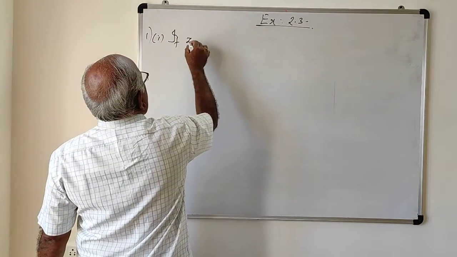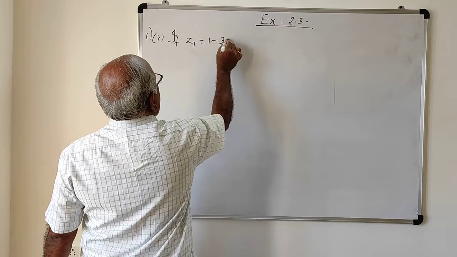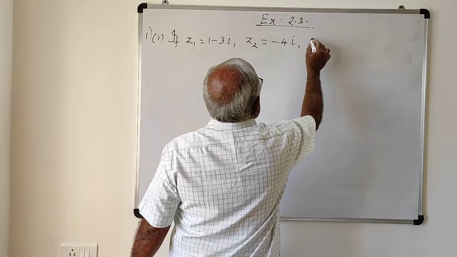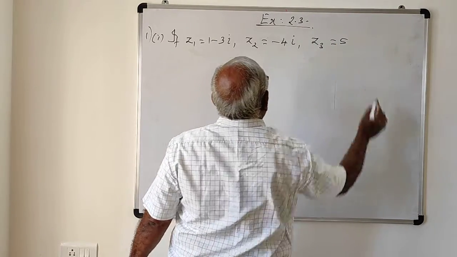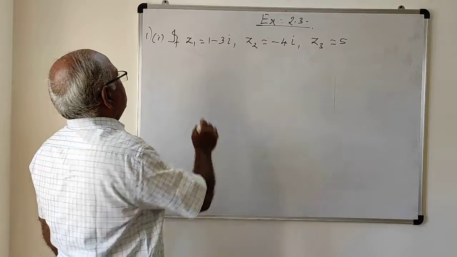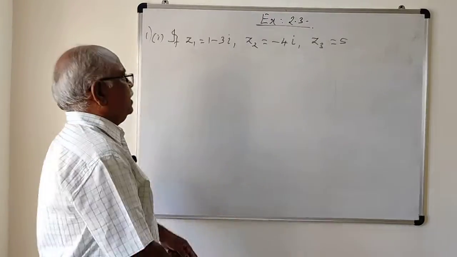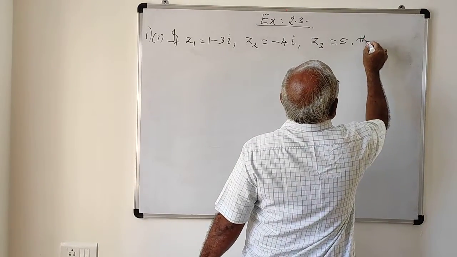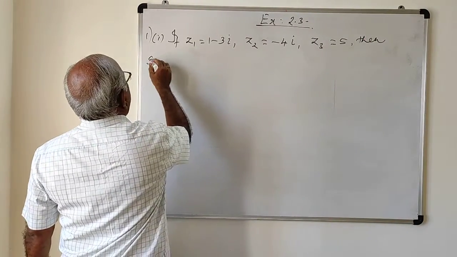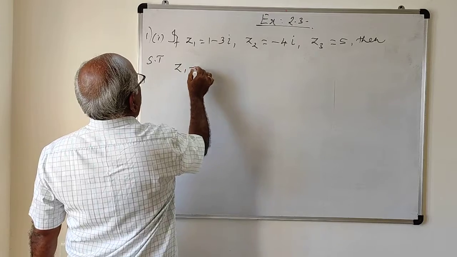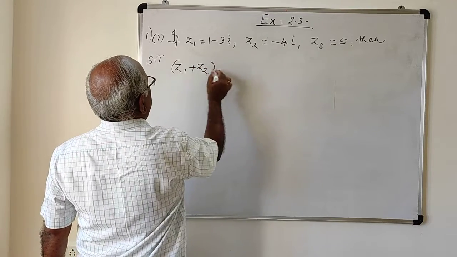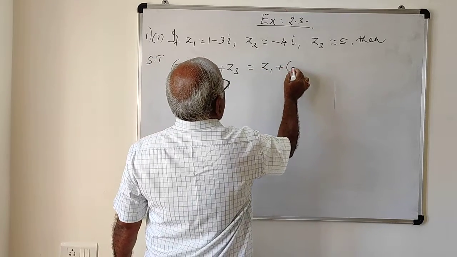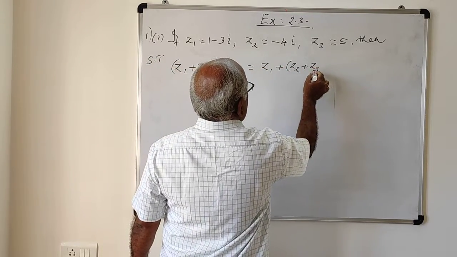If z1 is the complex number 1 minus 3i, z2 is another complex number minus 4i, and z3 equals 5, then show that z1 plus z2 plus z3 equals z1 plus z2 plus z3.